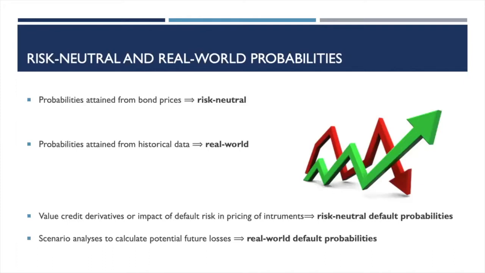Therefore, the expected excess return in the previous table, which was in the last slide, arises directly from the difference between real-world and risk-neutral default probabilities. If there wasn't excess return, the real-world and risk-neutral probabilities would be exactly the same. As is known, the more risk there is, the more expected return there is. Therefore, there will be an excess return when comparing real-world and risk-neutral probabilities.